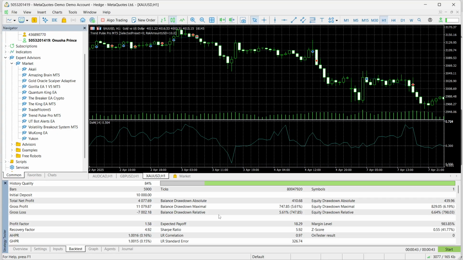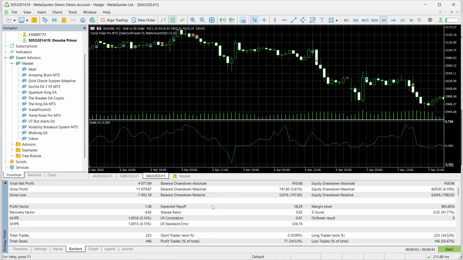The equity drawdown was around 6.2%, while the balance drawdown was 5.61%. So this is solid risk adjusted performance for a trend system. Compared to the developer's focus on riding trends, the results are encouraging. Good profits during favorable periods with controlled drawdowns during corrections.